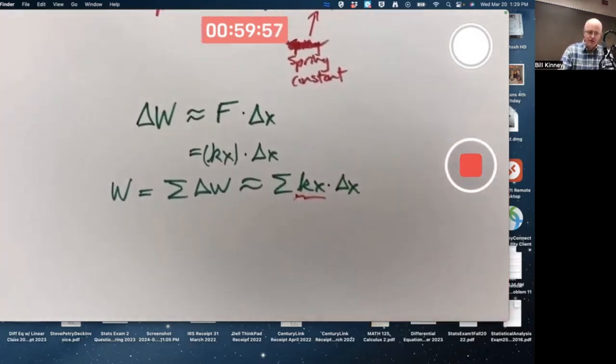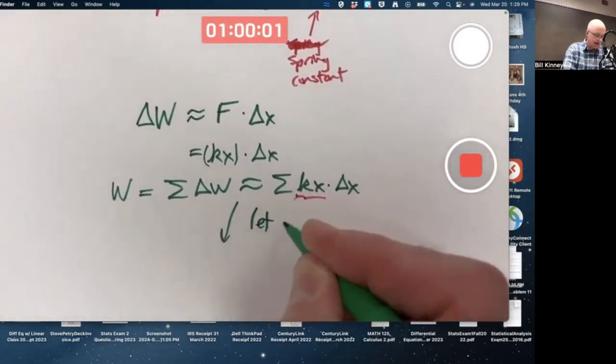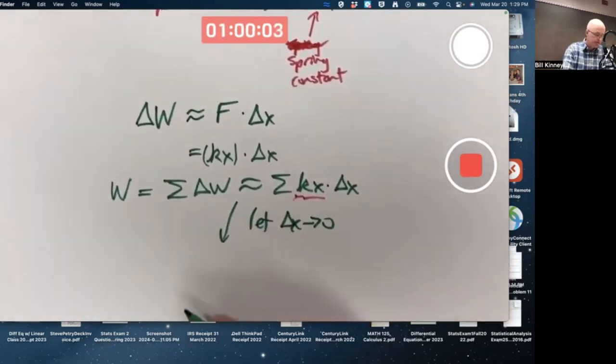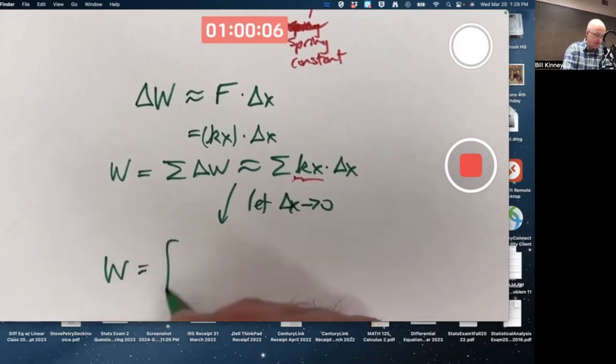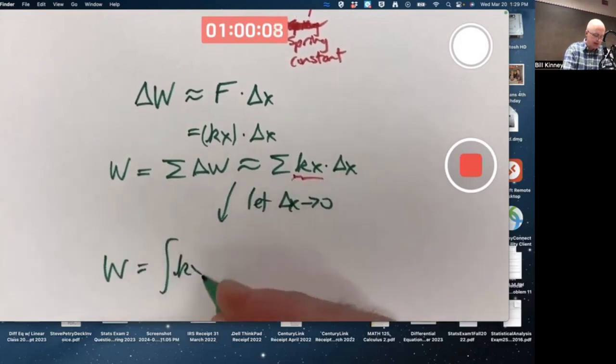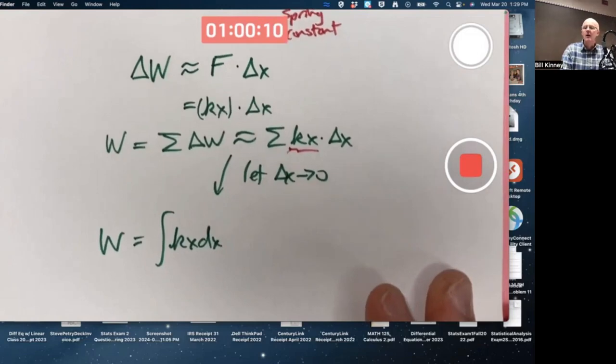But I'm thinking about this without figuring out K. Let delta X go to 0. The total work then becomes an integral: the integral of K times X. To get an answer, we want a definite integral.